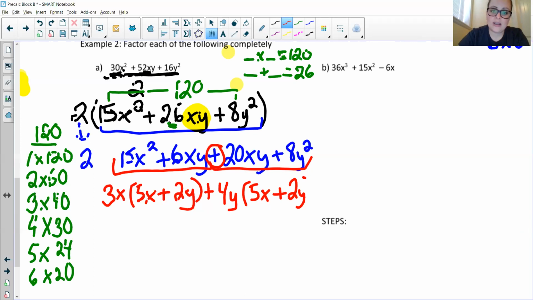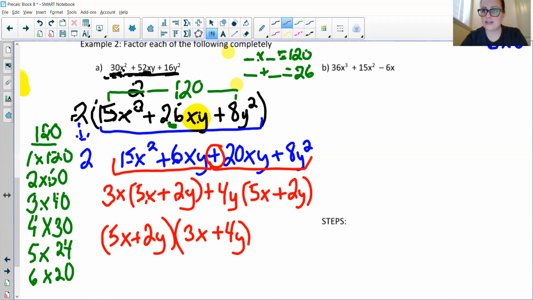2y. And look at that, we have the same thing in both the brackets, so that's going to be the common factor that we divide out from both those two massive terms. And what's left are basically what's in front of those brackets, which is a 3y plus a 4y.